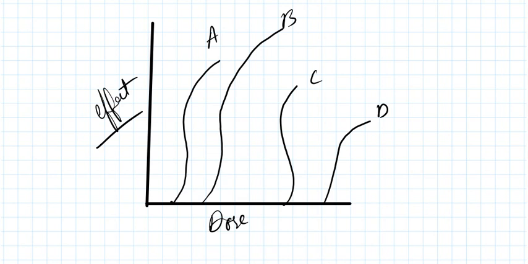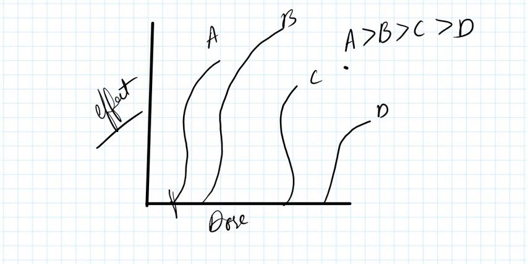Now which drug has produced its respective effect at its lowest possible dose, that is A. So A is more potent than B, more potent than C, and more potent than D.